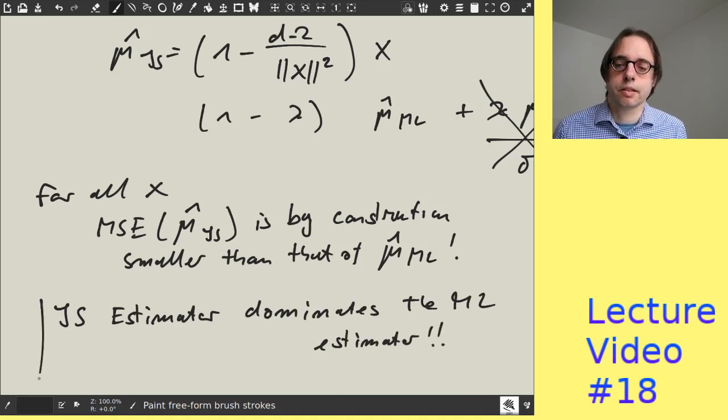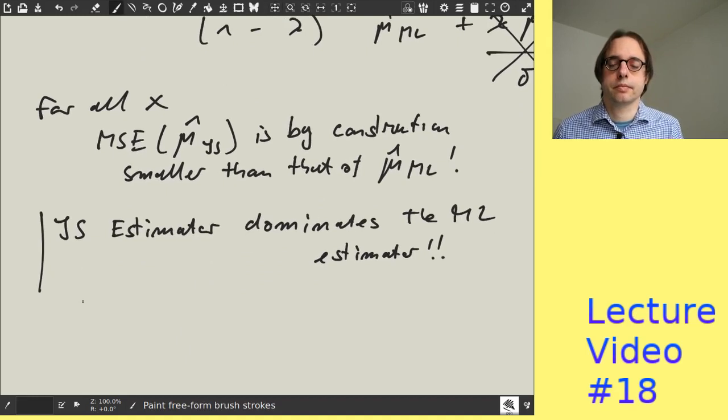And this is the puzzling thing. You can choose the lambda in the shrinkage estimator so that the shrinkage estimator is always better than the maximum likelihood estimator.